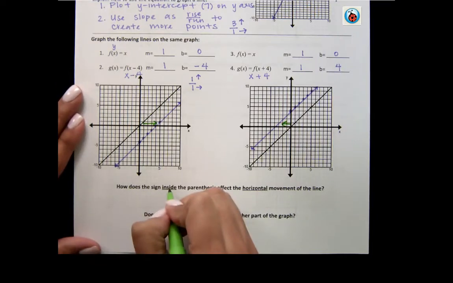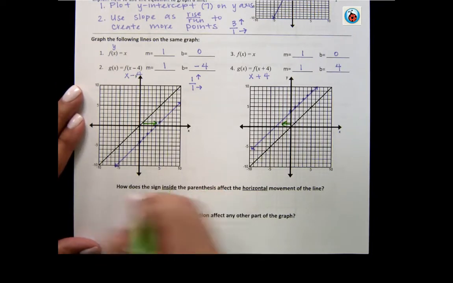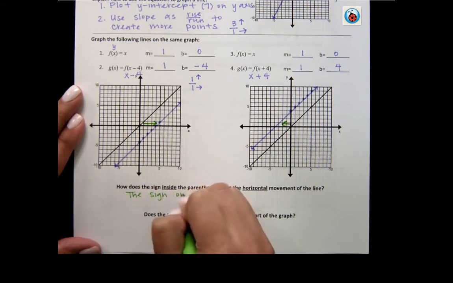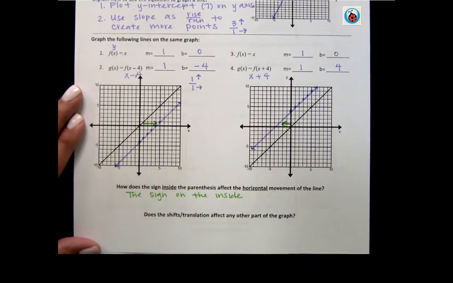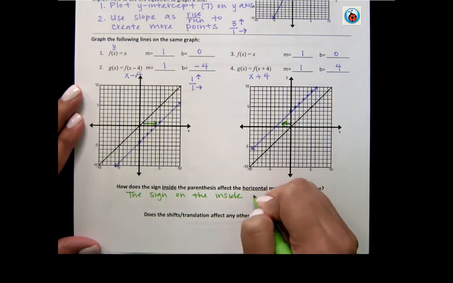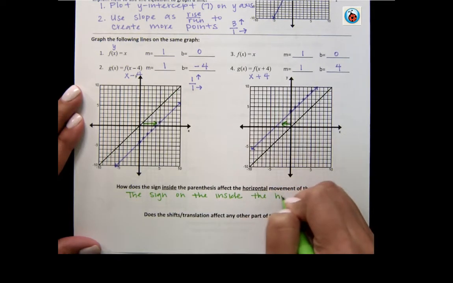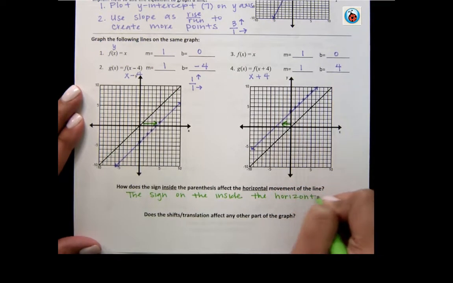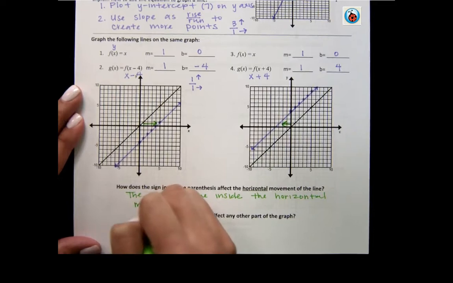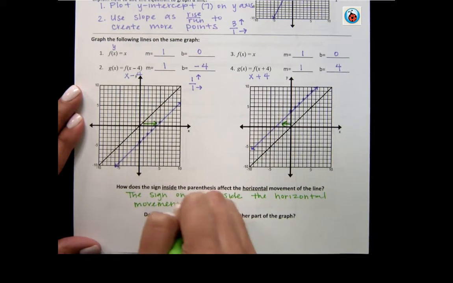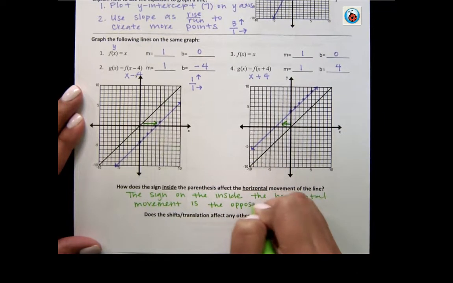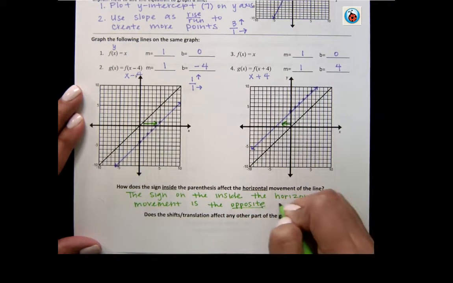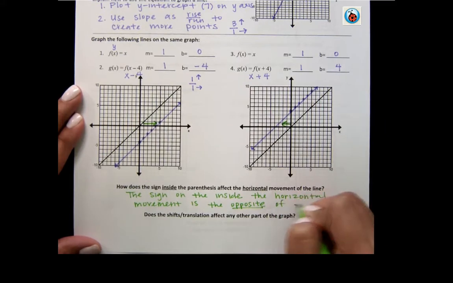So when the sign is on the inside, the horizontal movement is the opposite of the sign.